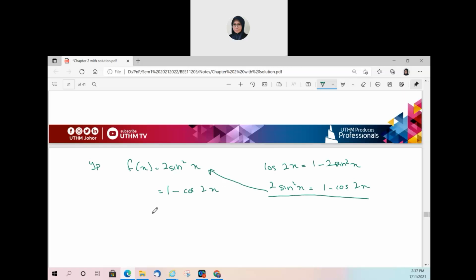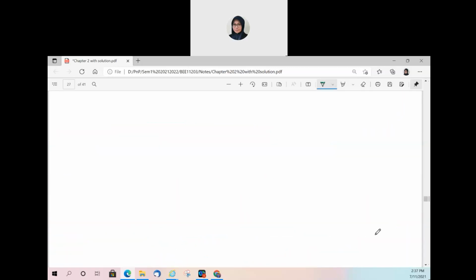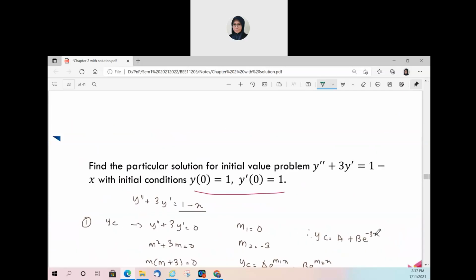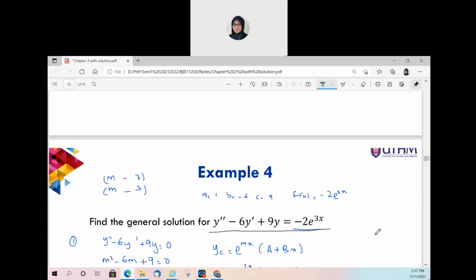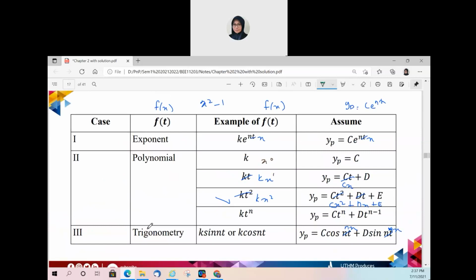Then you assume your yp equals to... You have trigonometry and polynomial.